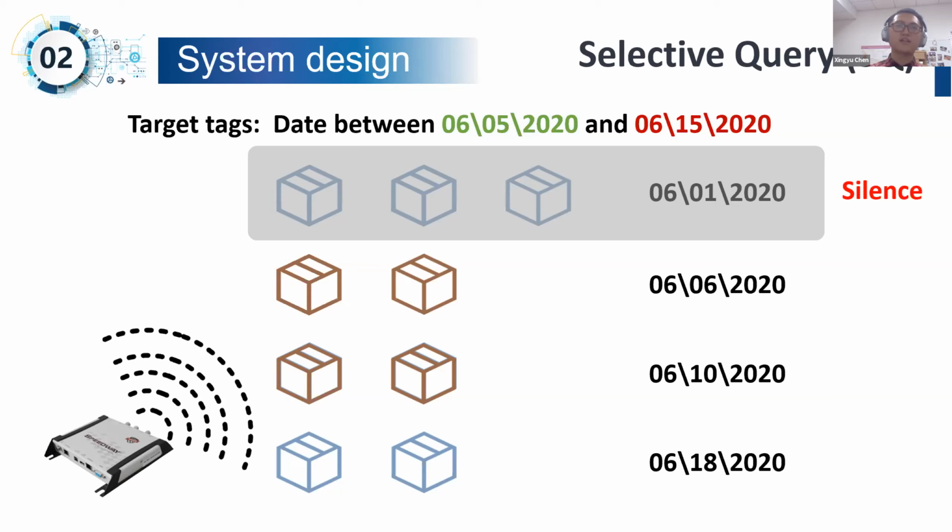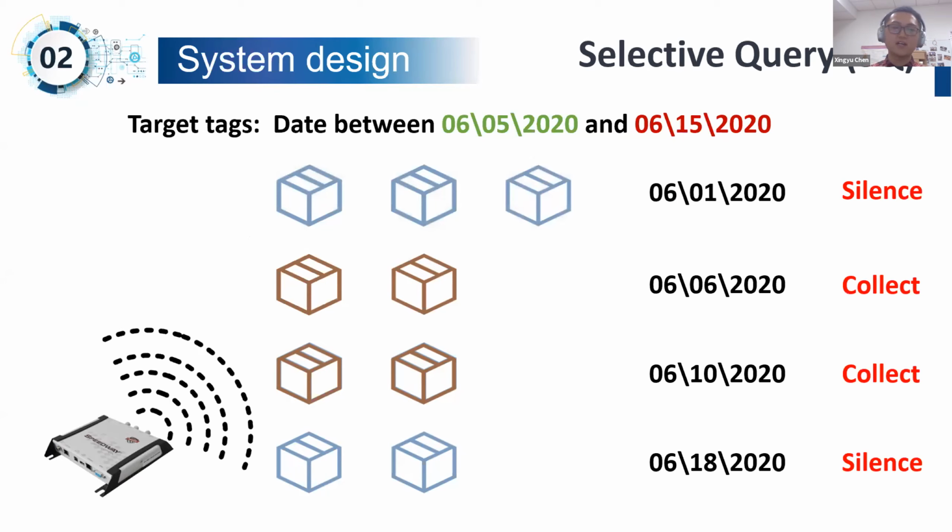If a group contains target tags, the reader will collect it one by one. Otherwise, the reader will silence this group and move to the next round. In this case, the reader can avoid collecting the first group and the fourth group, and thus it can save a lot of time.